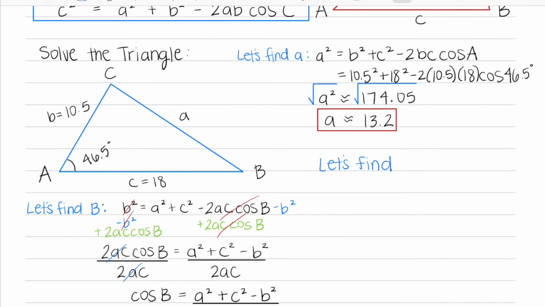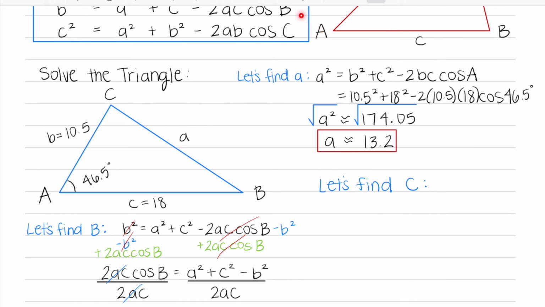Now let's find angle C. So to find angle C, we can use that last formula over here. So let's write it out. c squared equals a squared plus b squared minus 2ab cosine C. And like we did with angle B, let's get that cosine C alone. So let's first just subtract c squared on both sides to move it over to the right.